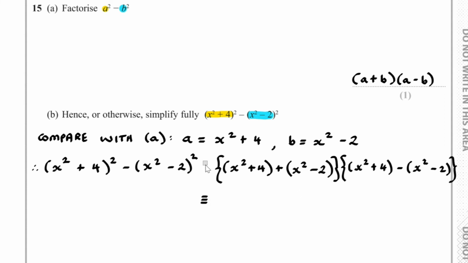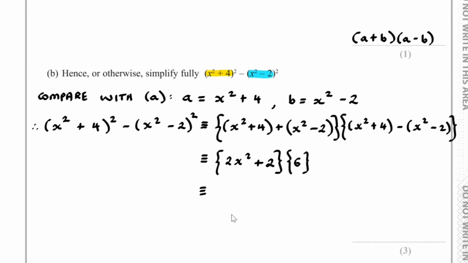And so what we end up with then, we have x squared plus x squared, that's 2x squared, and then 4 minus 2, that's 2. X squared plus 4 subtract x squared minus 2, well, I've got x squared minus x squared, that's 0, and then I've got 4 subtract negative 2, which is 6.